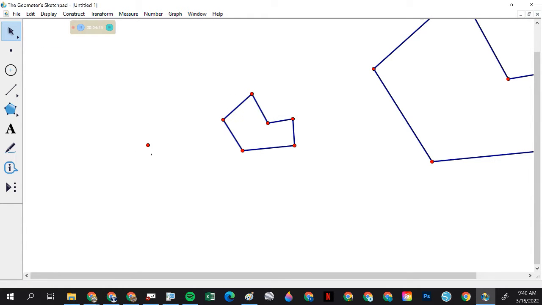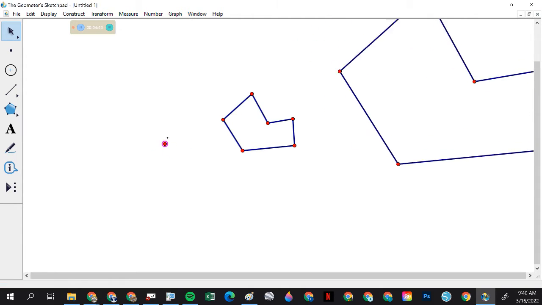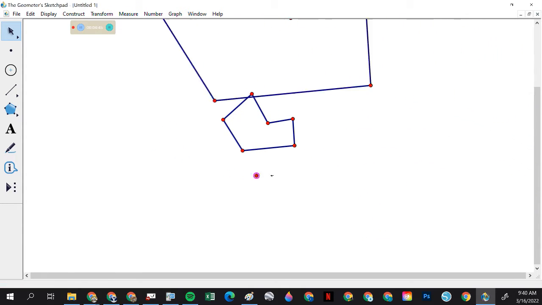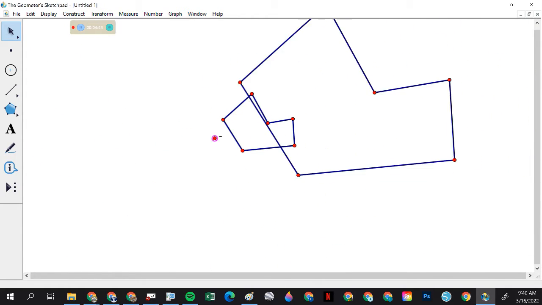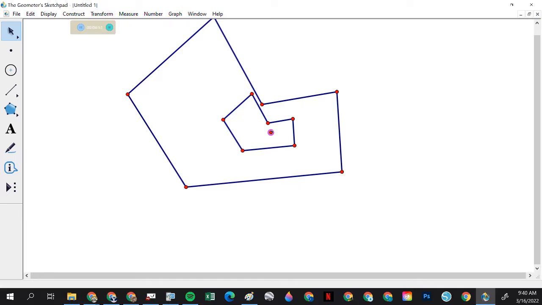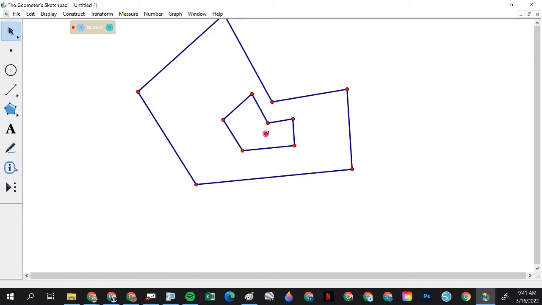This is my point of dilation. This is my original figure. And every point on this polygon gets dilated to be 3 times as far away. And if I move this point, notice the position changes, but the size does not change. And if I go inside, that's how dilations work.